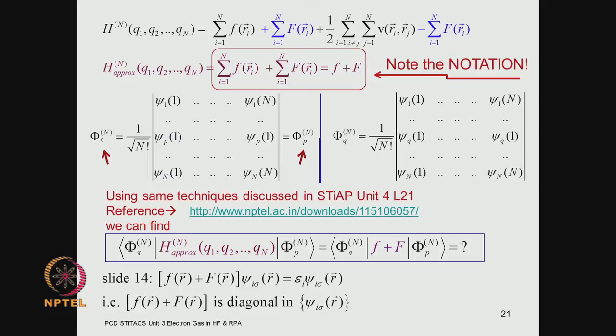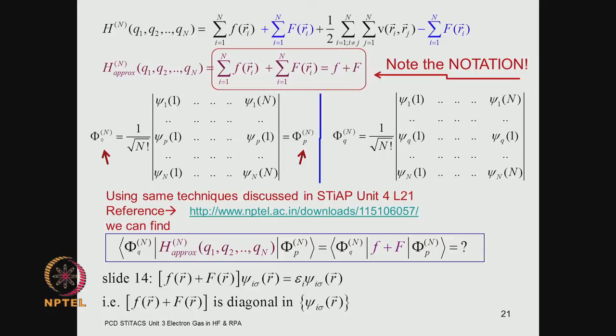So, that is the question that we have raised, and just to remind you, in slide 14 earlier we have shown that we are working with eigenstates of the single particle operator, which is the modified single particle interaction, which is the sum of little f and the uppercase F.